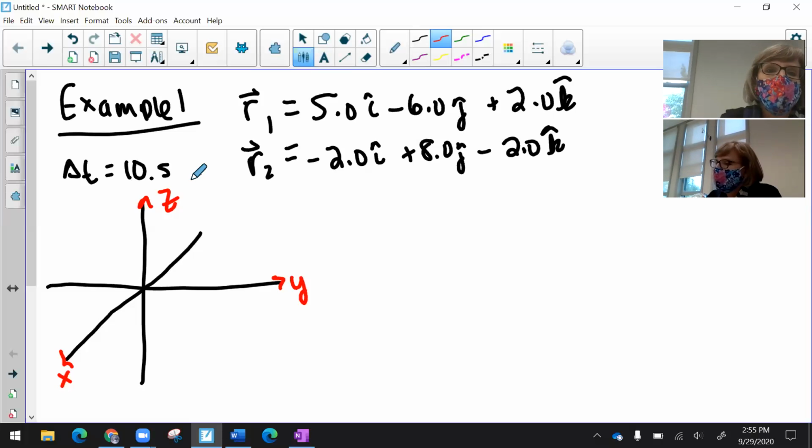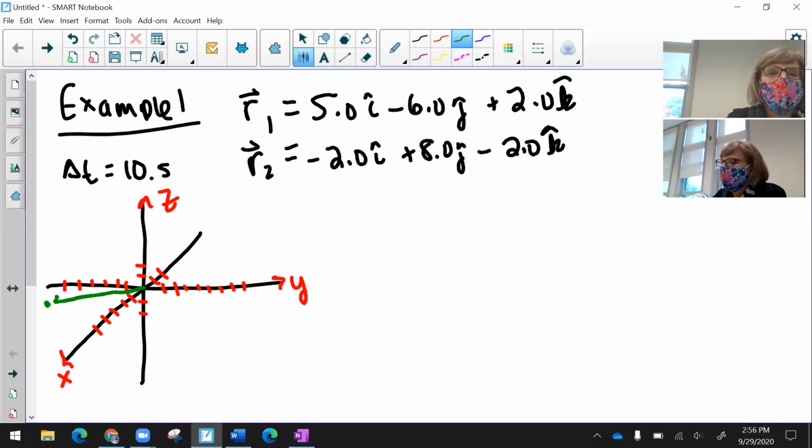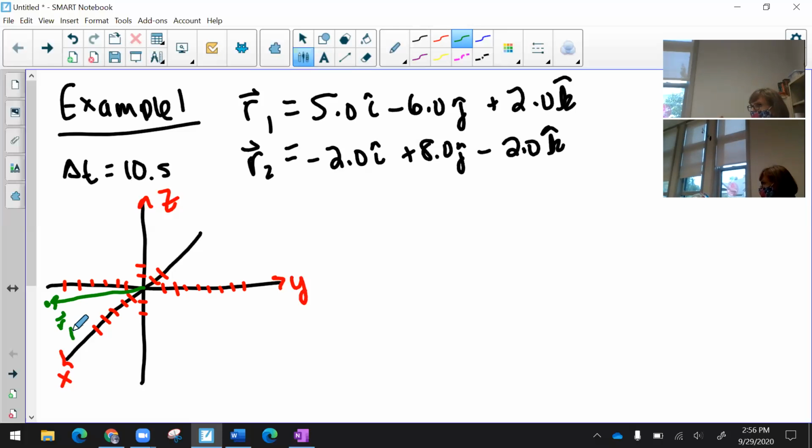So I am going to try to plot this. All right. So R1 is going to be plus 5 in X, minus 6 in J, plus 2 in K. So my position vectors here go from the origin to whatever that X, Y, and Z coordinate is.